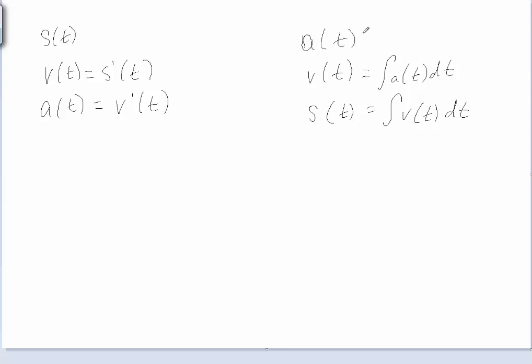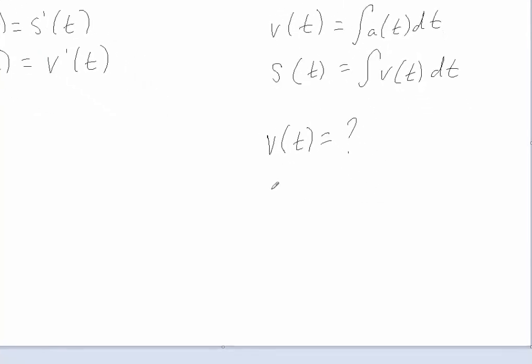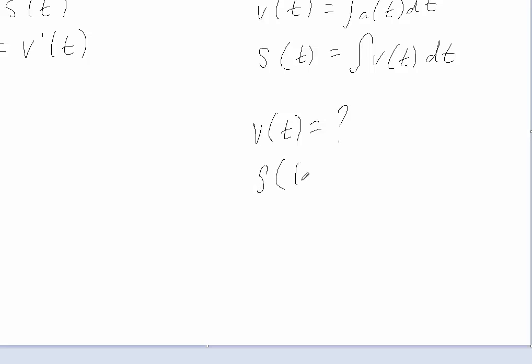And in the case of finding the integrals, how we will find the specific velocity and position functions, we will use initial conditions. So if you're given an acceleration function, you'll also be given initial conditions.